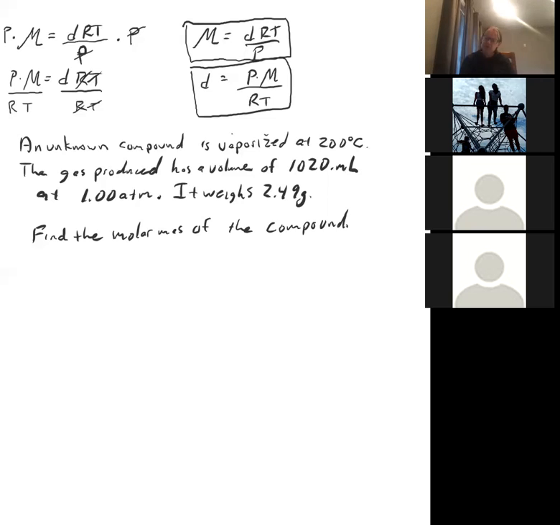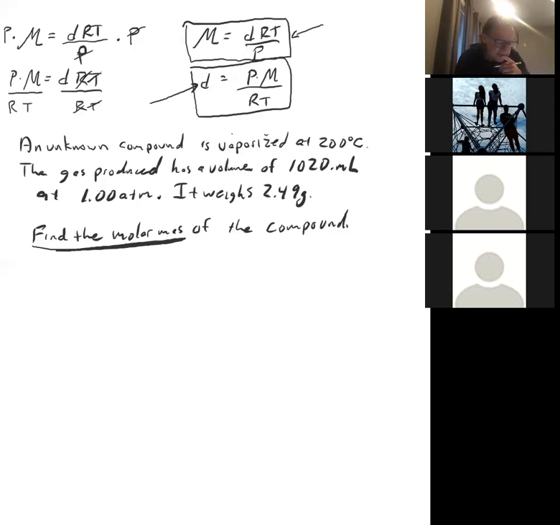There are some quantities that are the same, but notice it's saying find the molar mass. If you're doing a gas problem and it says to find the molar mass, that's this one right here. If it says to find the density, that's this equation right there.